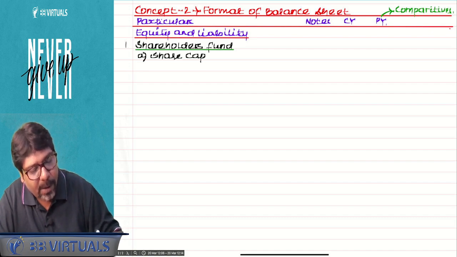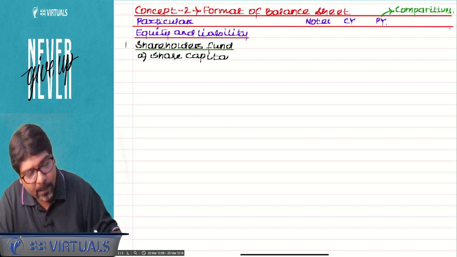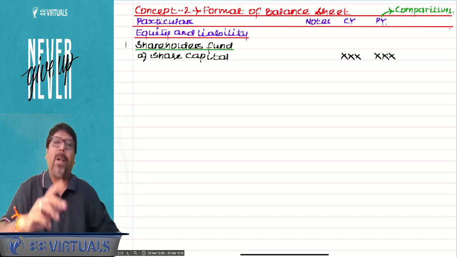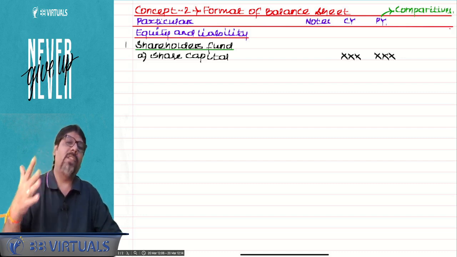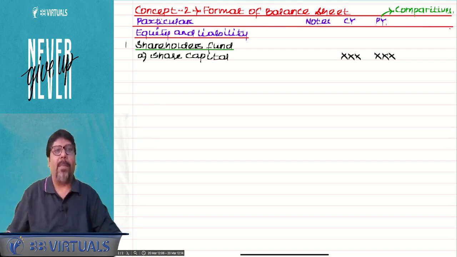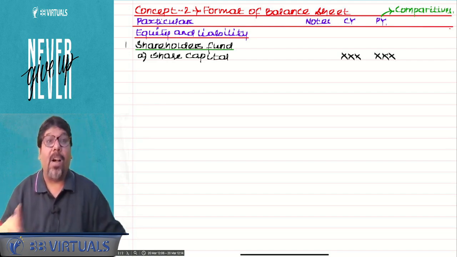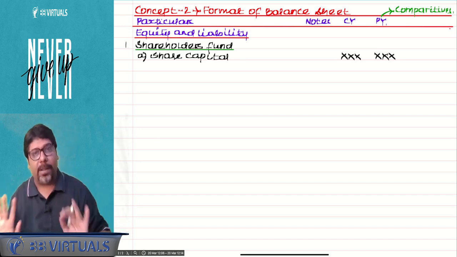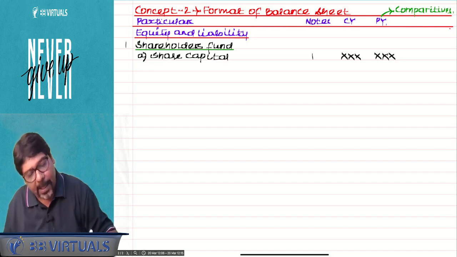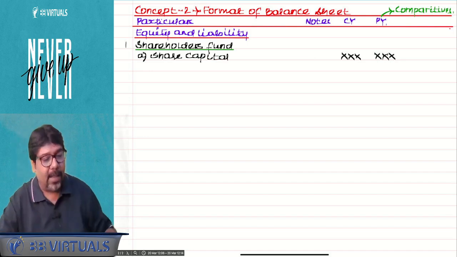You will write share capital. But in share capital, how much was authorized, how much was issued, all those details of share capital, the horoscope of share capital, you will show it in a note. That note number you are supposed to write over here. Say note 1. Am I clear? Yes, sir.